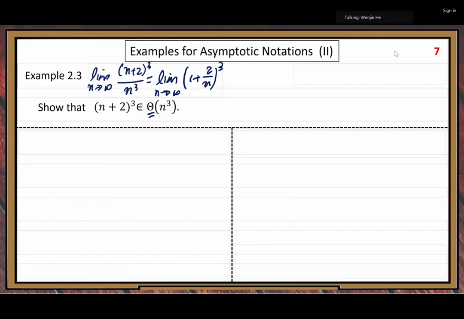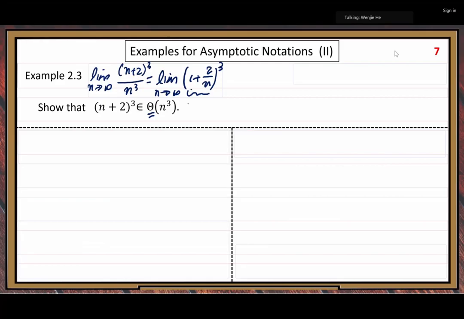So let us take that exponent 3 out of the whole parenthesis. Inside the parenthesis, we have (n + 2) over n, but we can further simplify that to these two terms. The first one is 1, because n over n is 1. The second term is 2 over n.